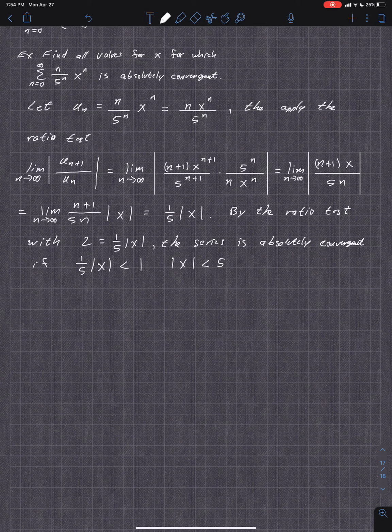So we know it's absolutely convergent if x is between 5 and -5.